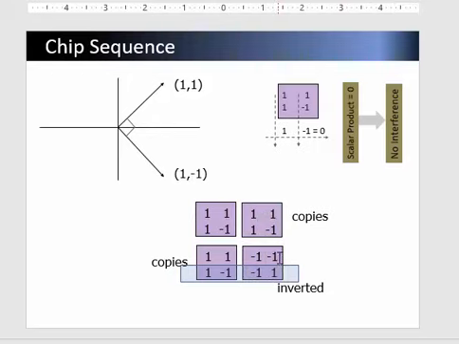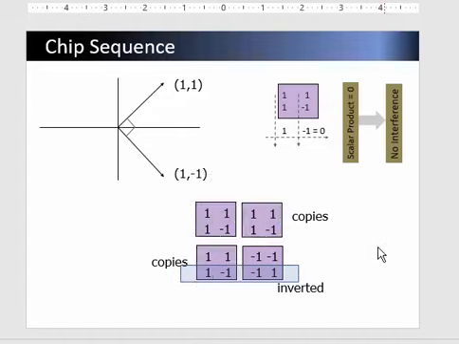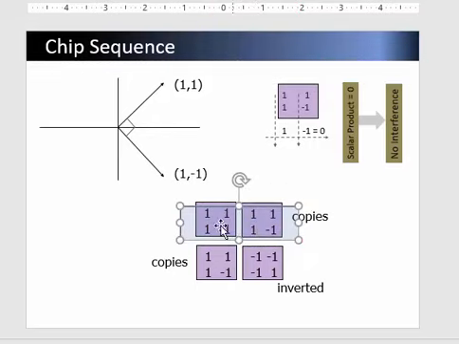This one is inverted, and these 3 are copied, they are identical. In this way, all of these 4 can be orthogonal. If you choose any 2 of these, they are also orthogonal.